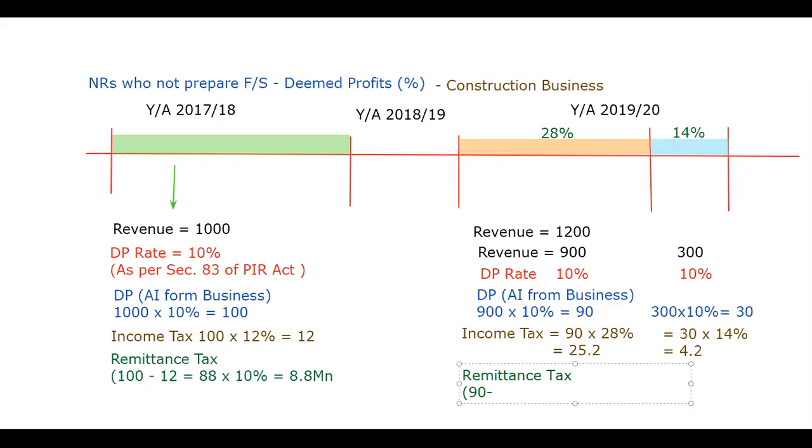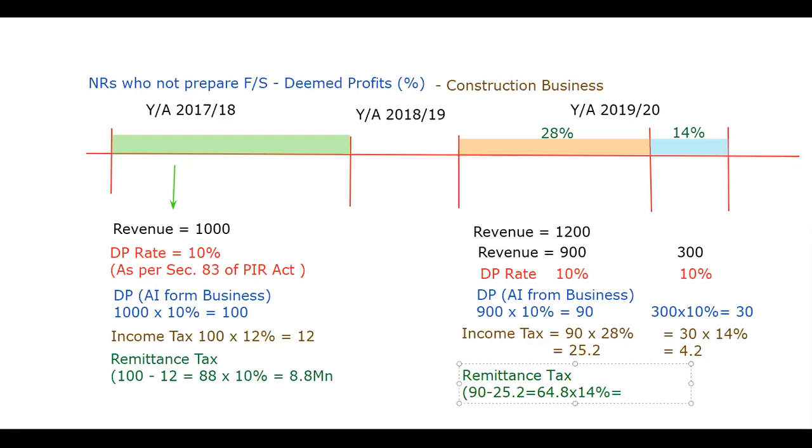No, it is 90 minus what they have paid in income tax, 25.2 million. Then the balance amount, because this year is applicable for your exam, not the 17-18. The 90 minus 25.2 is 64.8, into how much? The percentage for remittance tax is 14%.